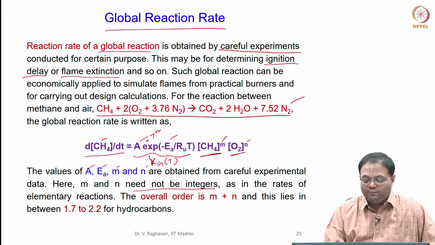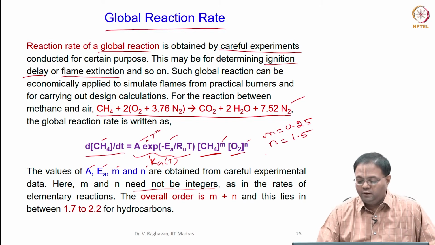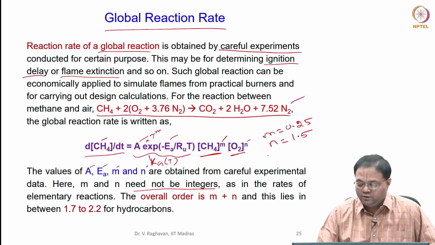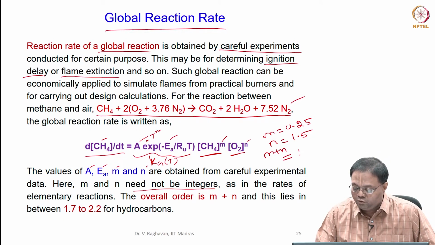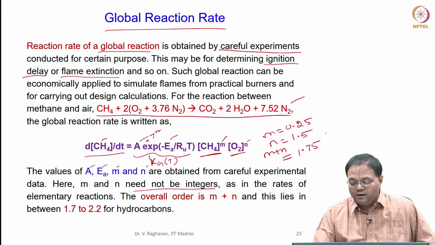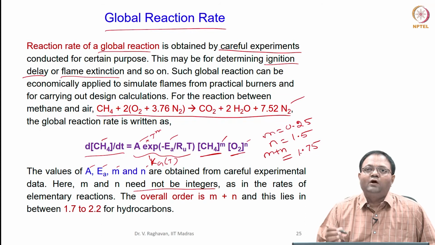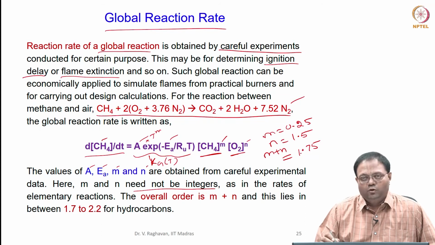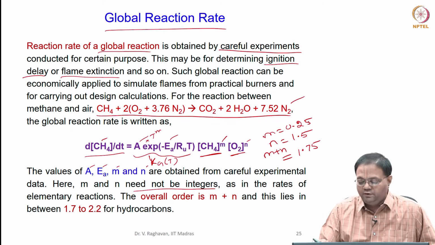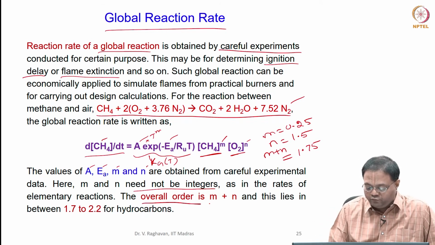For example, m can be 0.25 and n can be 1.5, so that the total order of the reaction, m plus n, is equal to 1.75. So there is no need to fit only integers here. It can be 0.25, 1.5 etc. also.